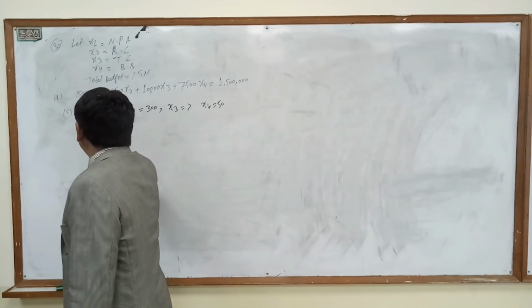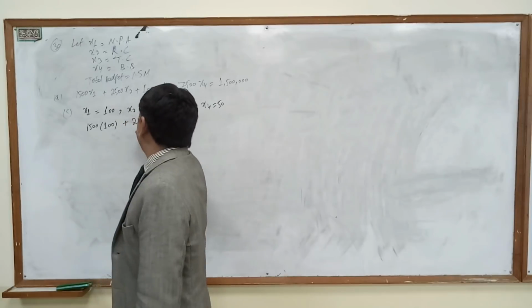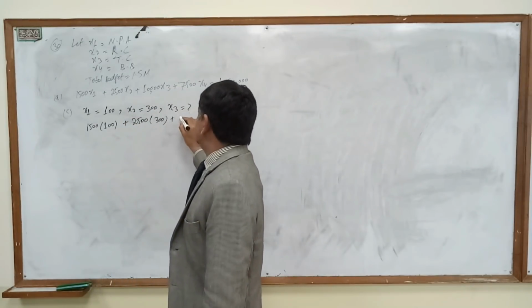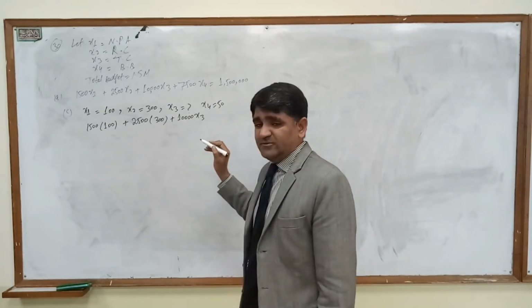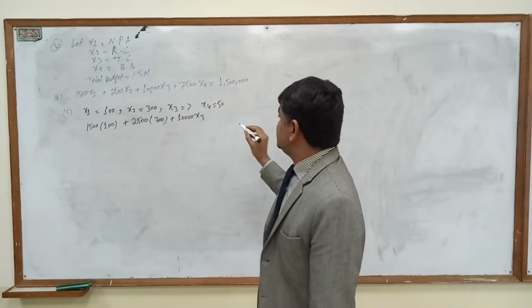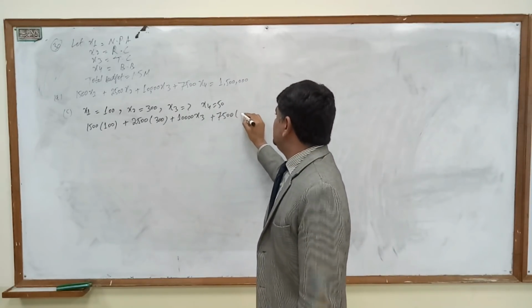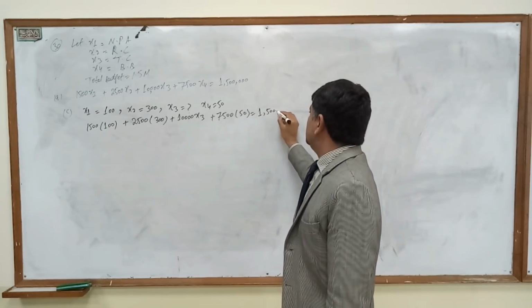So 1,500 into 100, plus 2,500 into 300, plus 10,000 into X3, because we have to determine the value of X3, plus 7,500 into 50 is equal to 1.5 million.